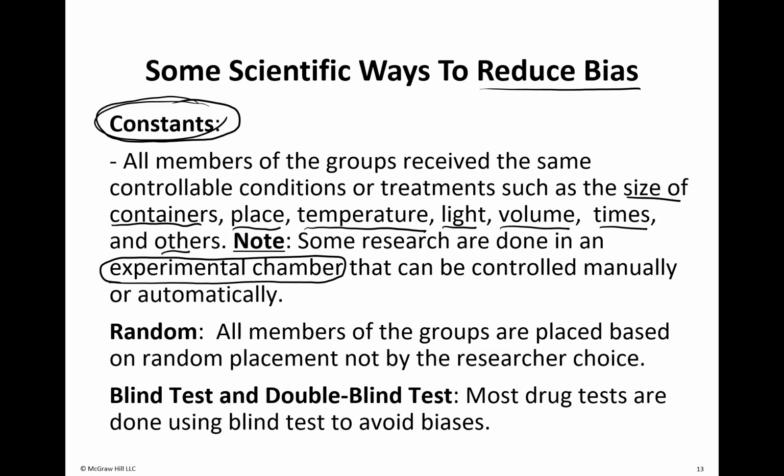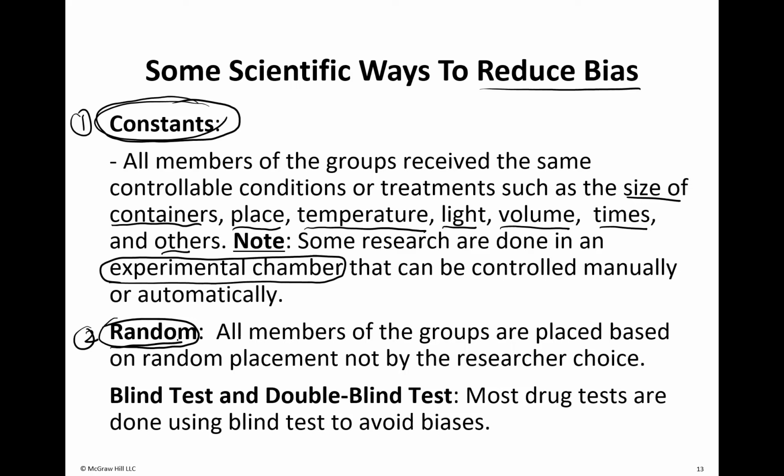The second one, to reduce bias: the first one is constant, the second one is random. It is also really important. When we put the groups of the experimentation, we cannot choose where we put them.